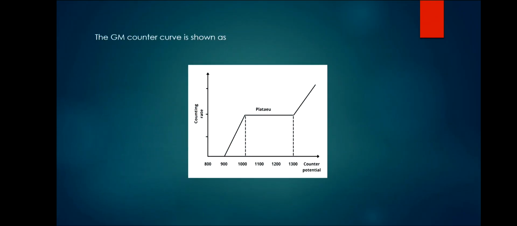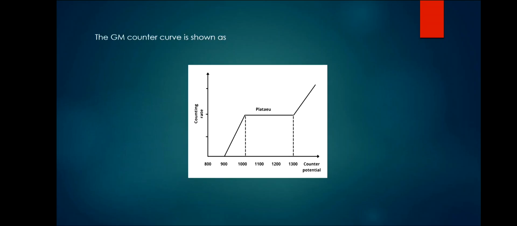Here is the GM counter graph or curve. The x-axis represents the applied voltage and the y-axis represents the counting rate. As we can see in the GM counter curve, as we apply the voltage, the counting rate goes on increasing.